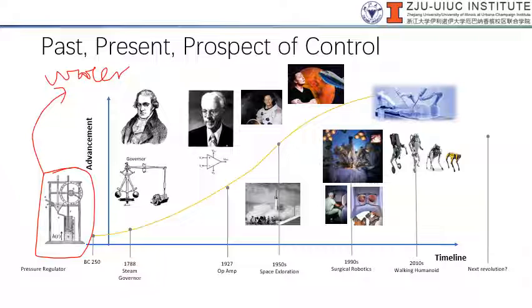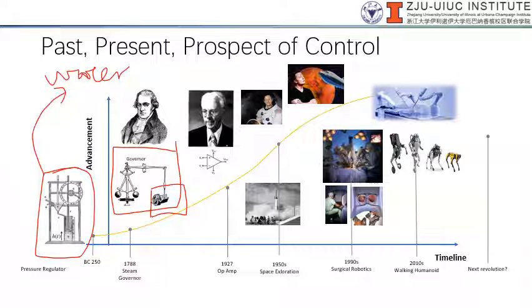A more modern example of control, actually feedback control, is where you control the speed of this rotating centrifugal ball. This is actually a valve for the steam engine, responsible for the generation of the steam engine.